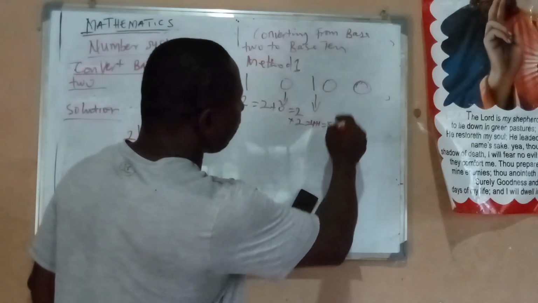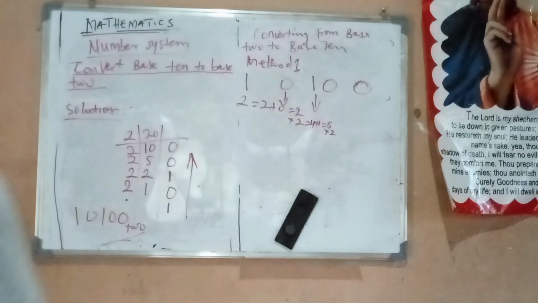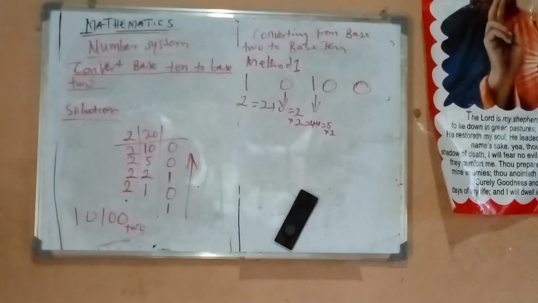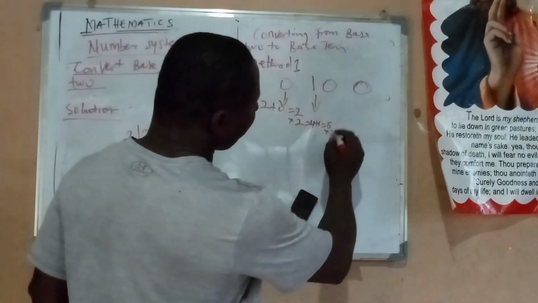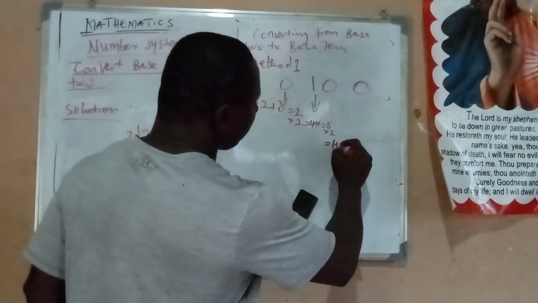Now 5 times 2 we have here equals to 10.